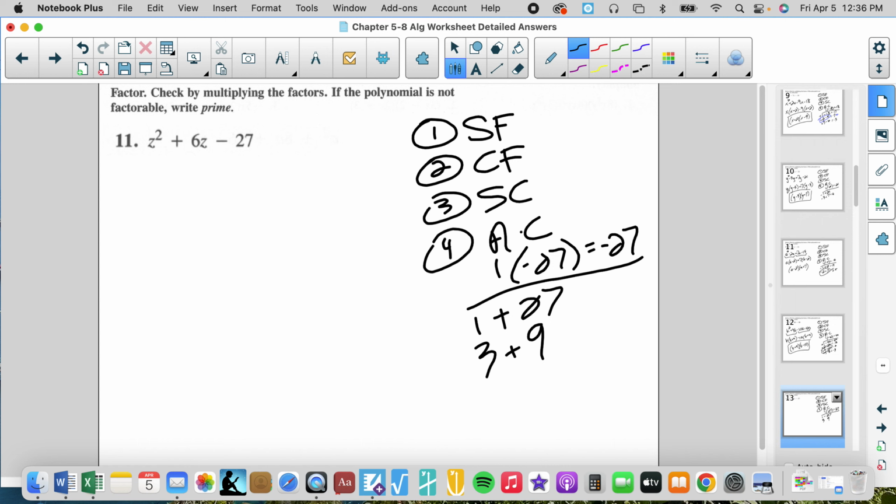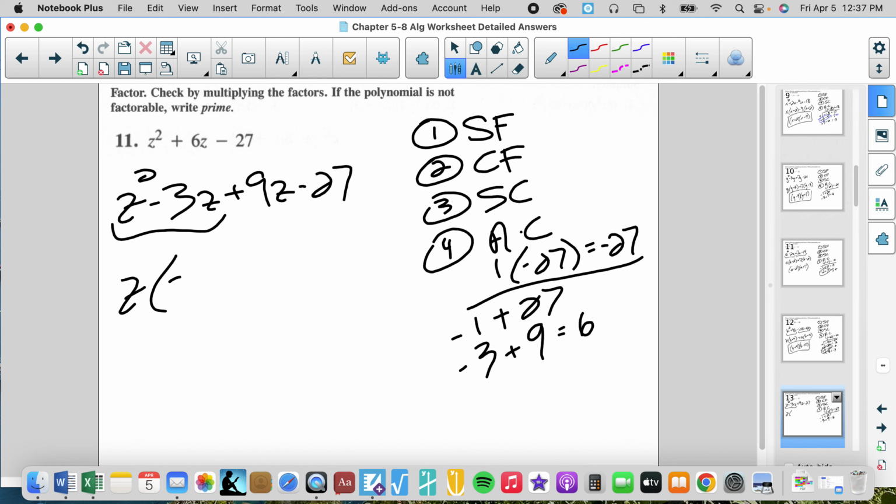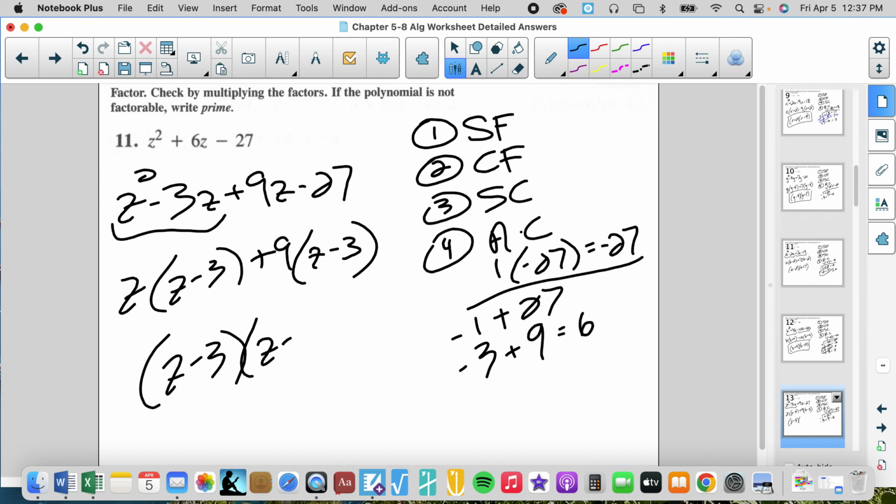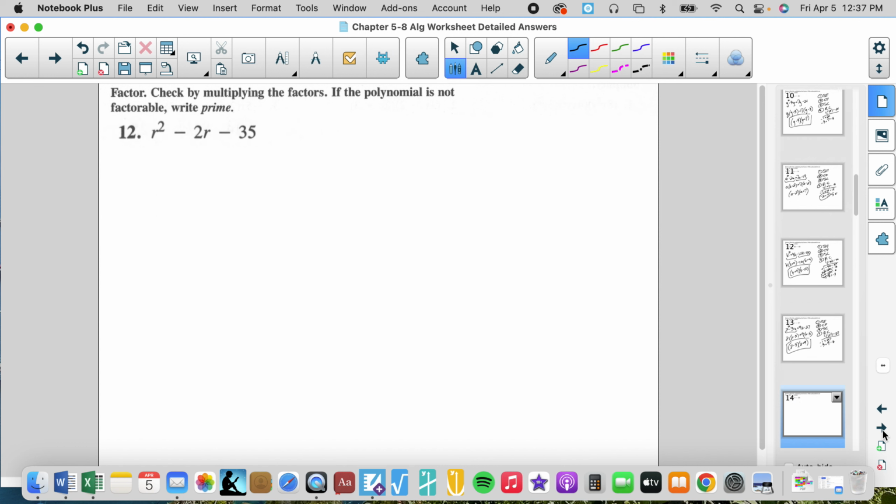Bigger is positive 6. z squared minus 3z plus 9z minus 27. Factor out a z, z minus 3. Factor out a 9, z minus 3. z minus 3, z plus 9. Better 9 that time.